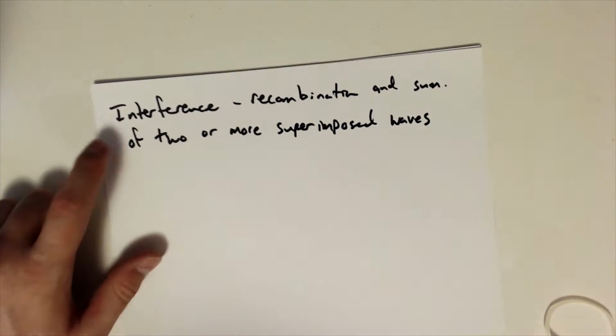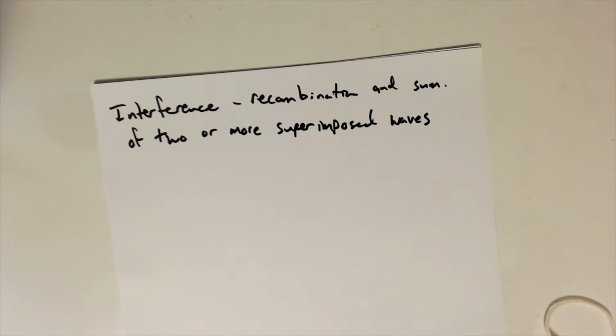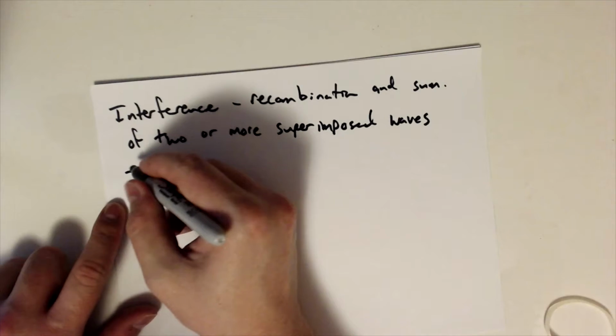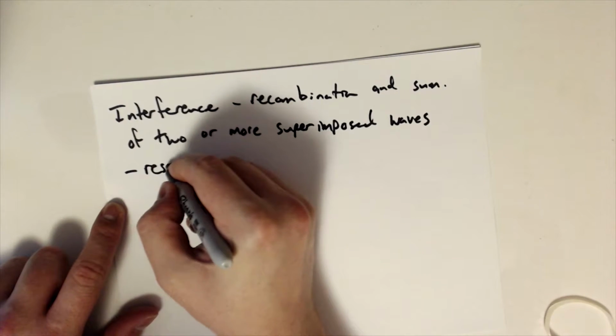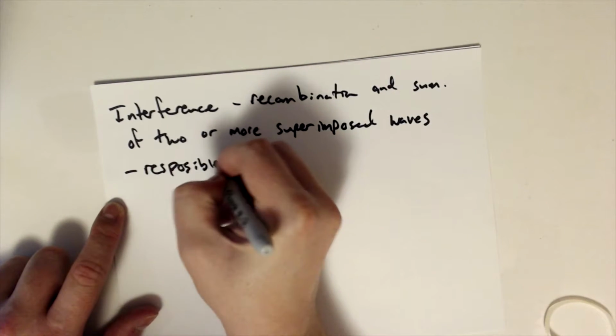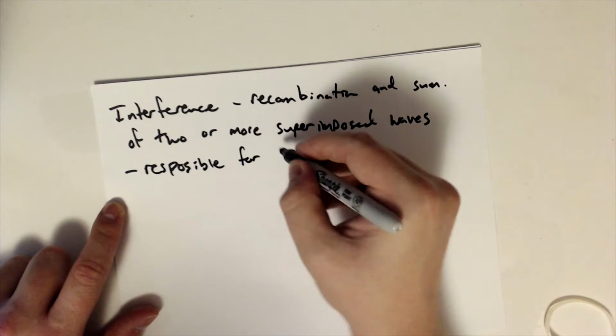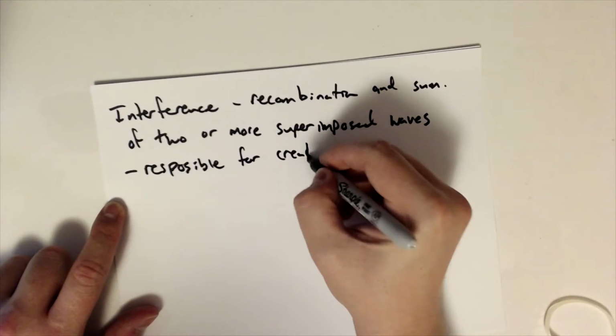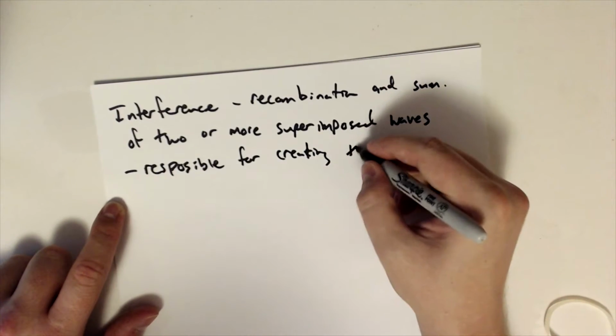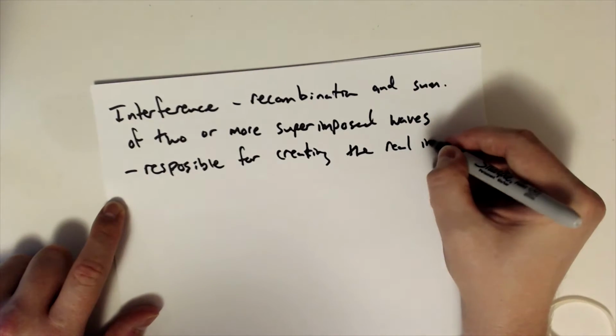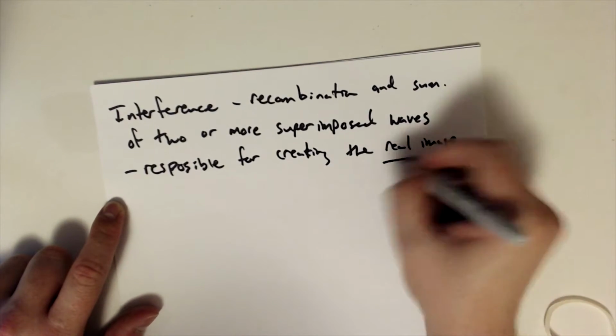We're looking at light waves and how they recombine in sum when we have more than one. This is what's responsible for creating the real image that we've talked about so far.